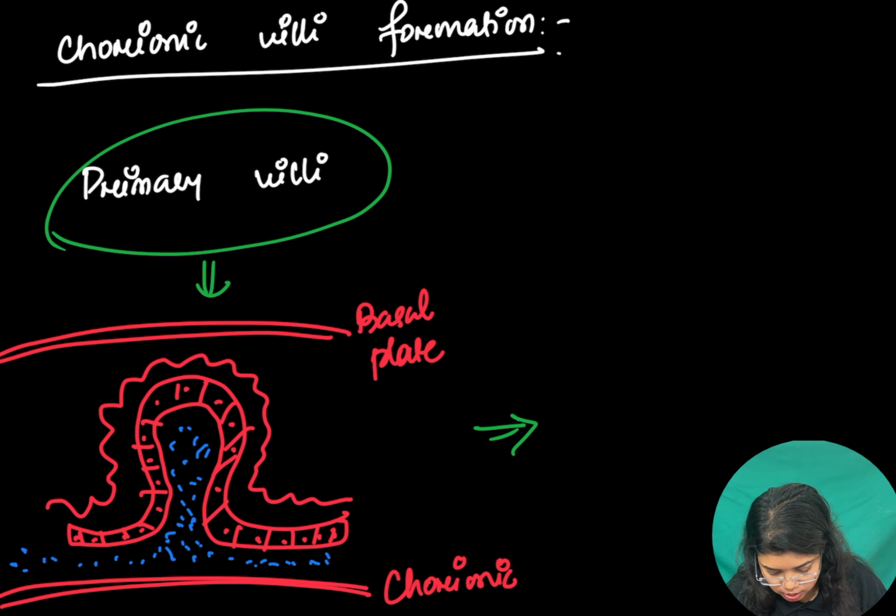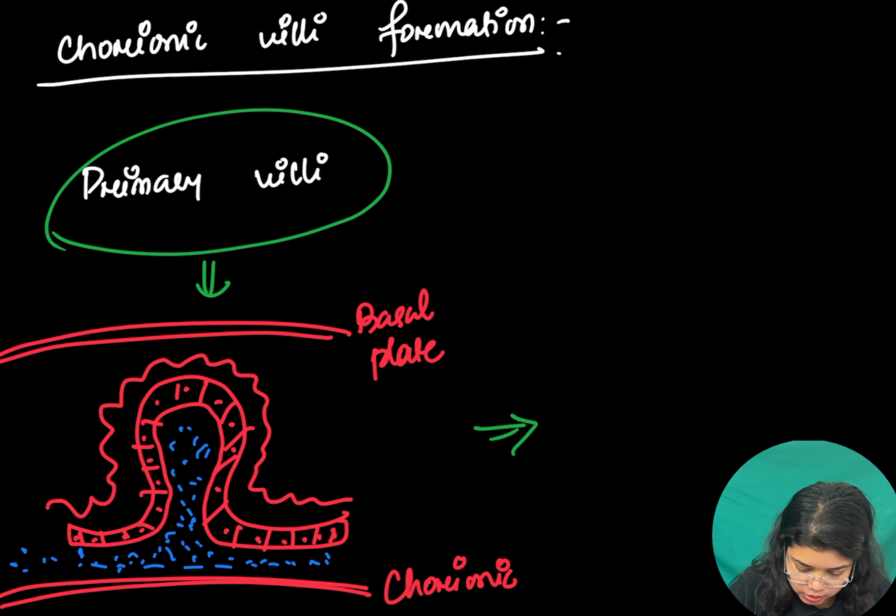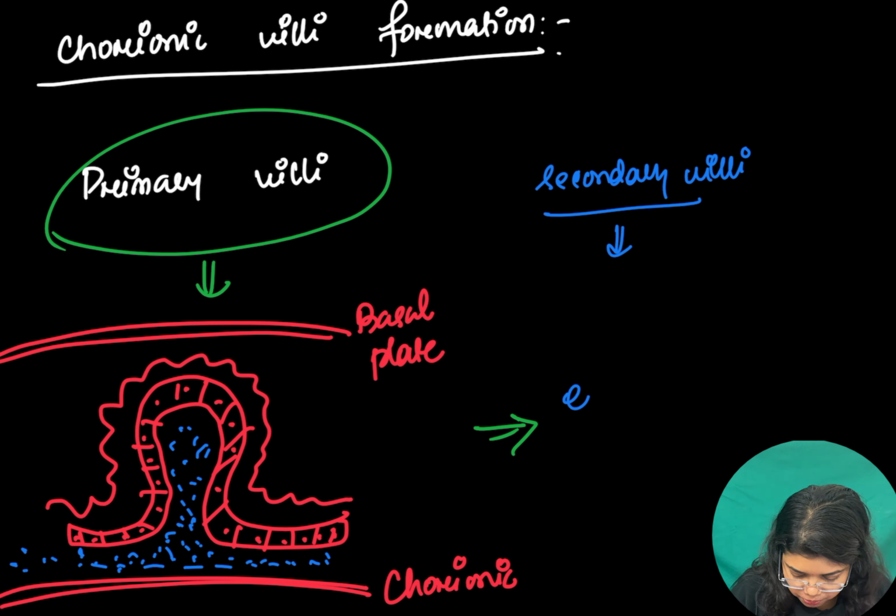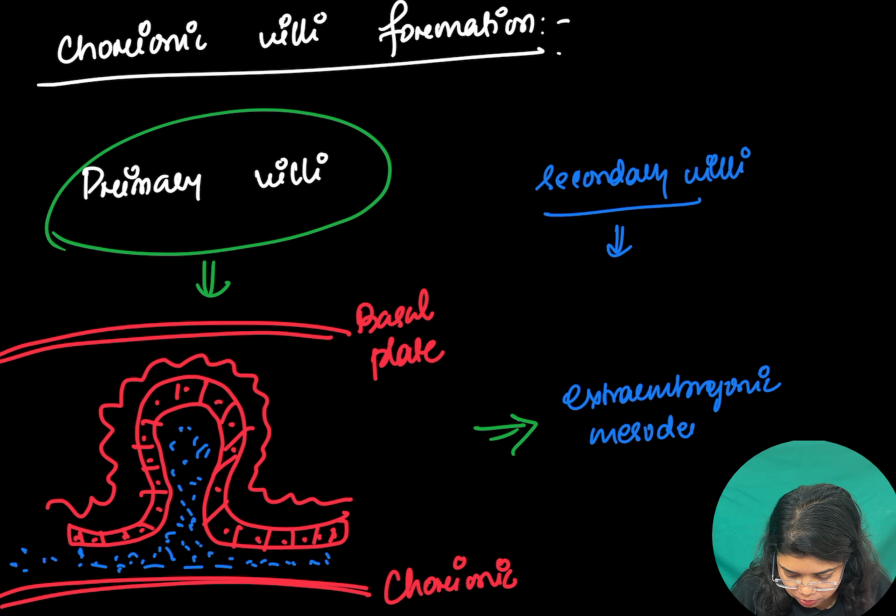That is called the secondary villi. So what is secondary villi? In secondary villi, the extraembryonic mesoderm enters the primary villi.